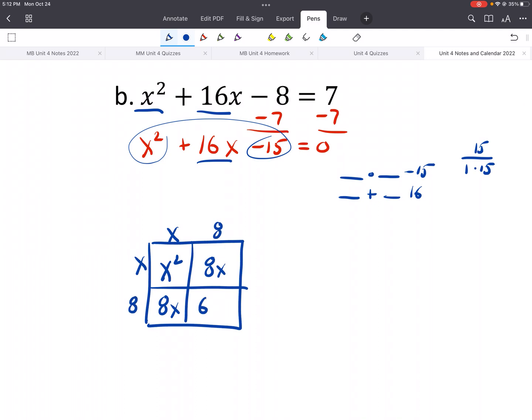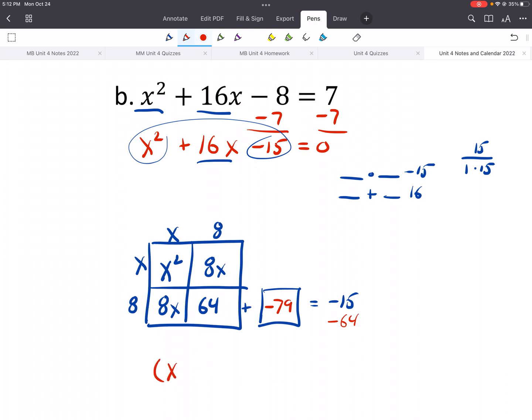This would have to be 64. But we don't want 64. We need it to add up to give us negative 15. So again, kind of like a little trick here is we could subtract 64 from that, and that gives us negative 79.